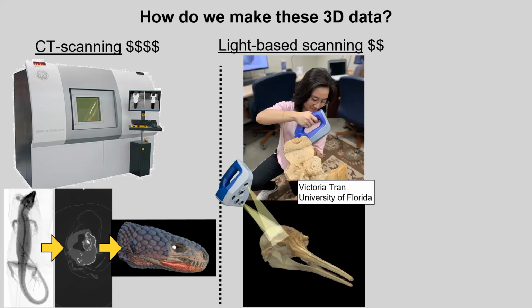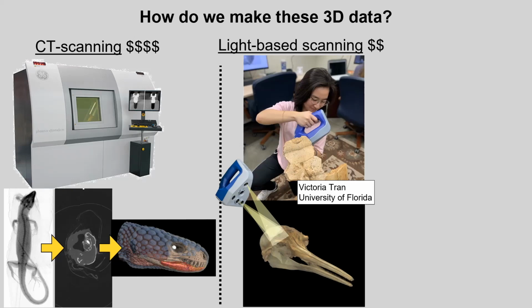We have two other ways that we create these data in the lab. One of which is that we can take what looks like a cheap plastic iron. It shoots out light from it, and it bounces back to a little sensor. And from that, we can actually create 3D models of things like, here's a porpoise skull. Those are great for big, hard things that are not shiny and hairy.